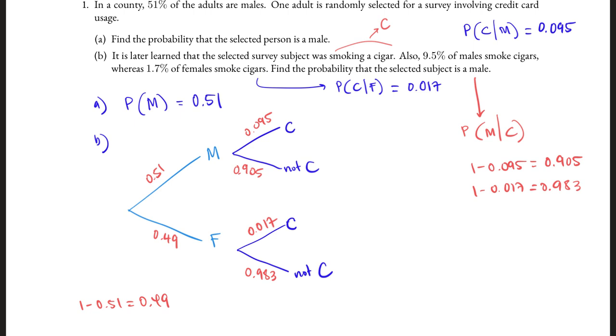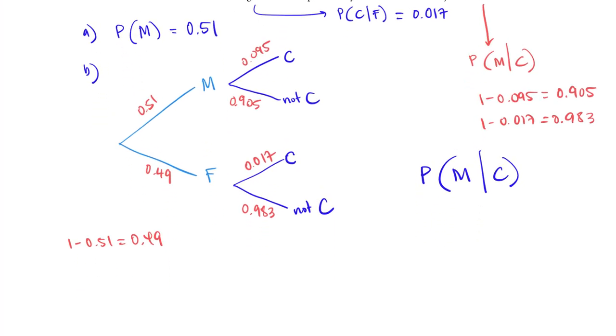We're looking for the probability that the subject is a male given that that subject smokes cigars. From the conditional probability, this is the probability of M and C in the numerator divided by P of C. We can use the lengthy Bayes theorem to rewrite this formula, but since we use a tree diagram, all we need to do is collect all of the outcomes that end with C, and that is the C in the denominator.